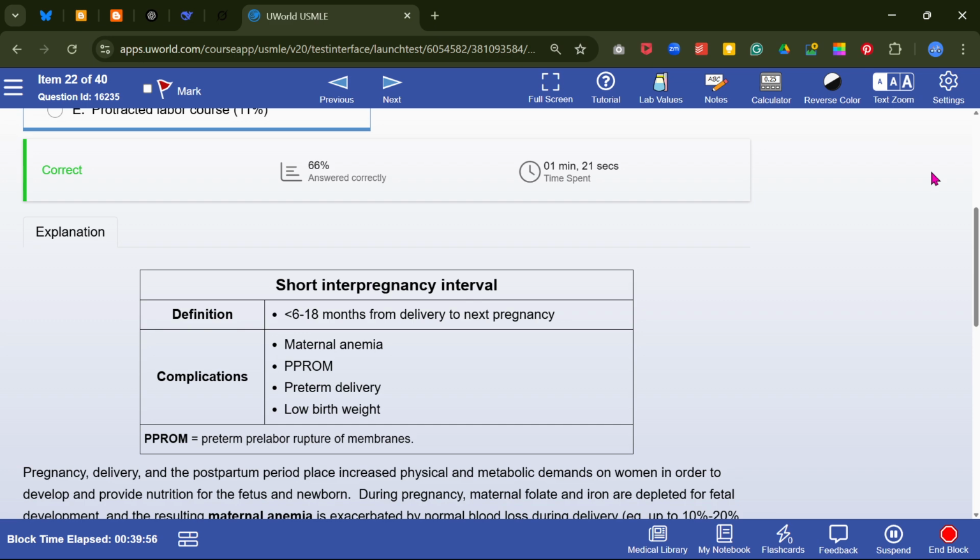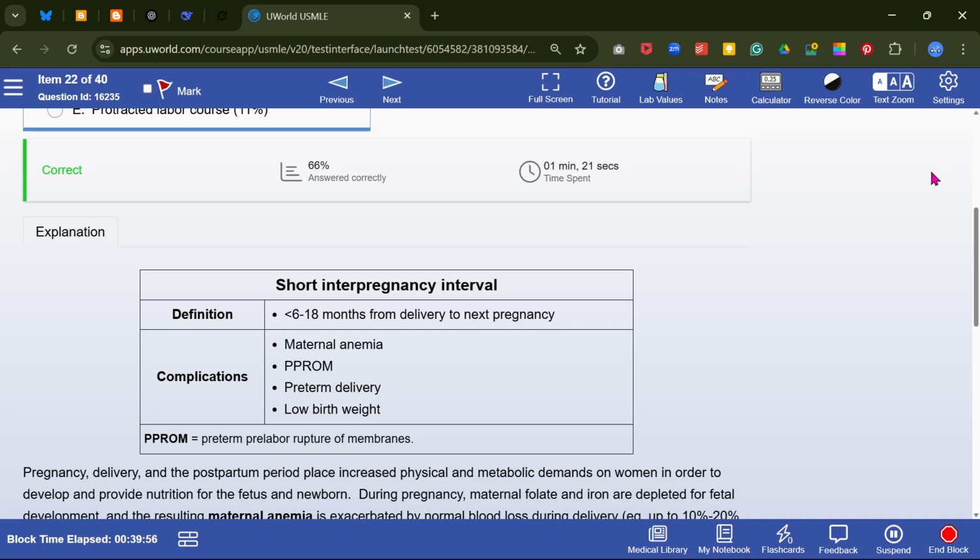Is it less than 6 to 18 months? What would the time range be? If it is before 18 months, then we call it short pregnancy interval, or only 6 months, or is it the whole time interval?